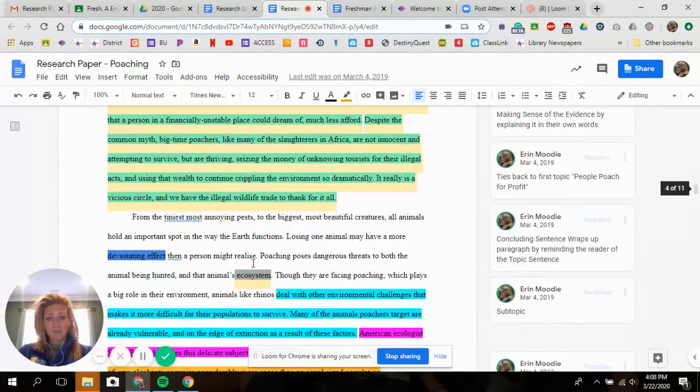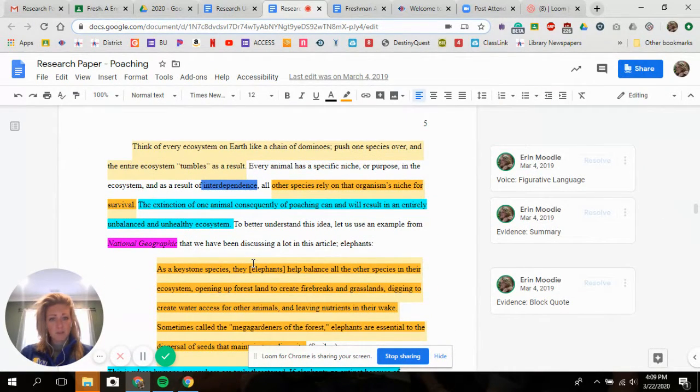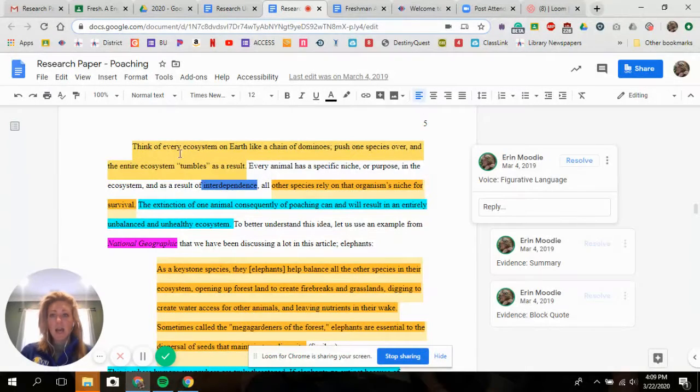Okay, page 5. Page 5, they end up adding some figurative language or creative comparisons, like right here. Oh, I even labeled it. How nice. "Think of each ecosystem on Earth like a chain of dominoes. Push one species over and the entire ecosystem tumbles as a result." That is beautiful.